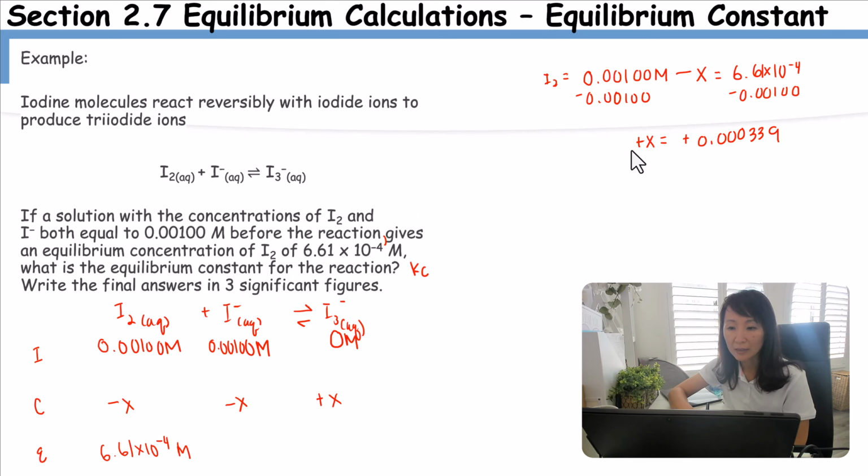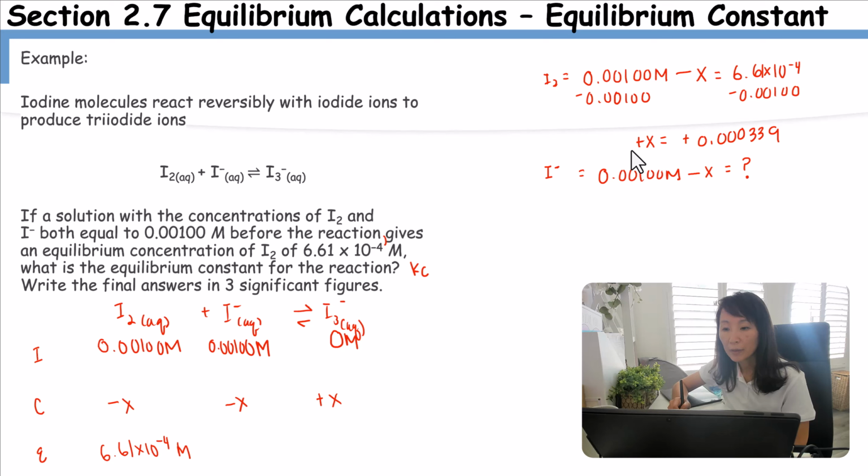We know X. So what about for the iodide ion? If we want to know the equilibrium concentration, it's the same thing: 0.00100 molarity, because that's what it started off with. It had a change in X, but we didn't know X before.